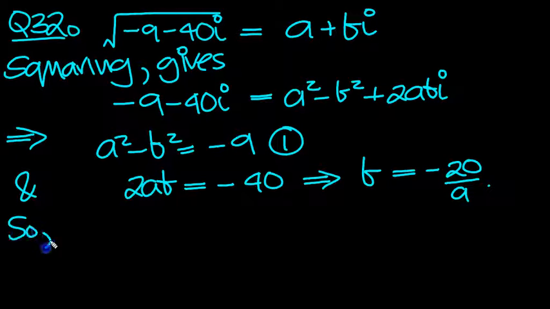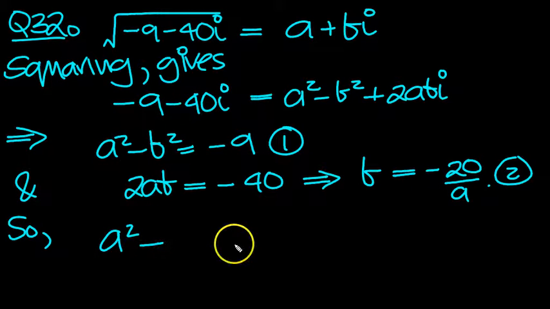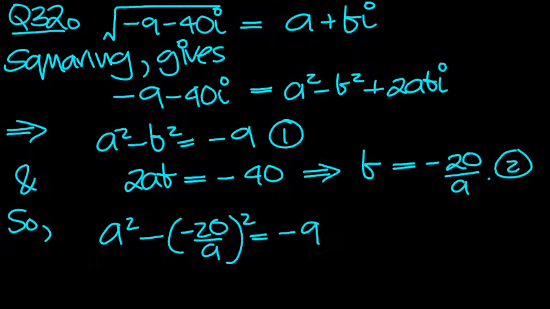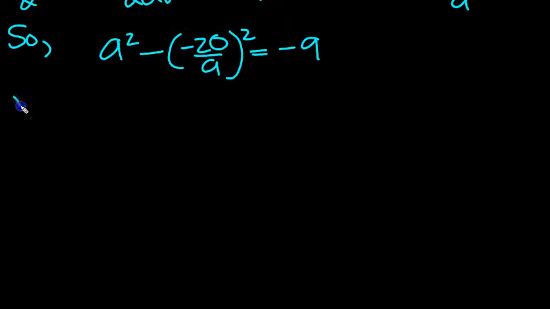So let's substitute that in. Sub 2 in 1. So we get a squared minus b squared, which is minus 20 over a squared, equals minus 9. Multiply all the way through by a squared and tidy it up.